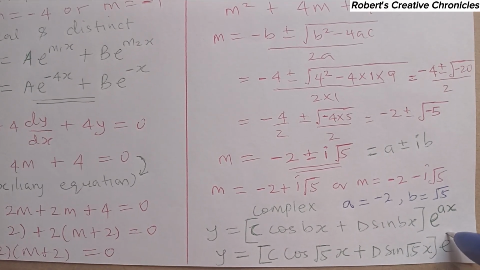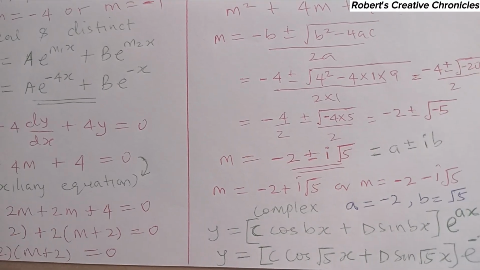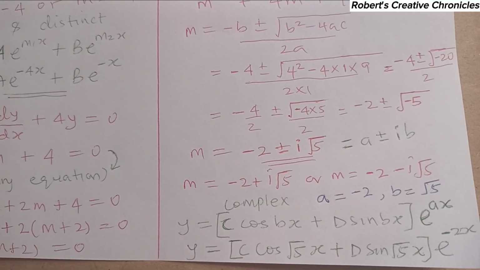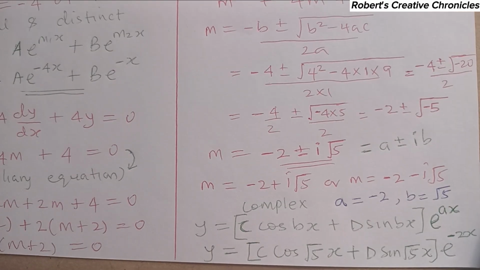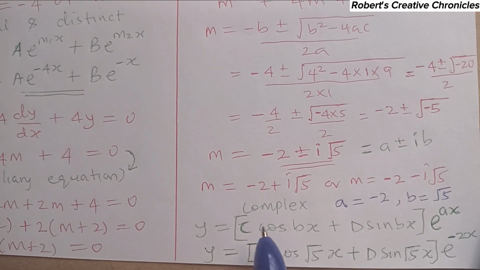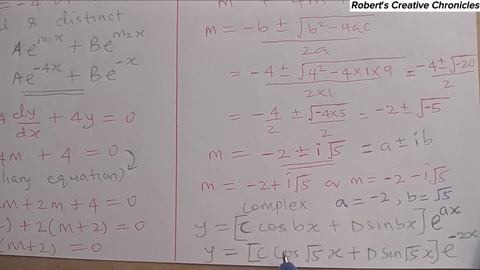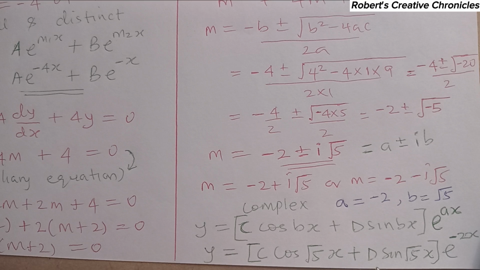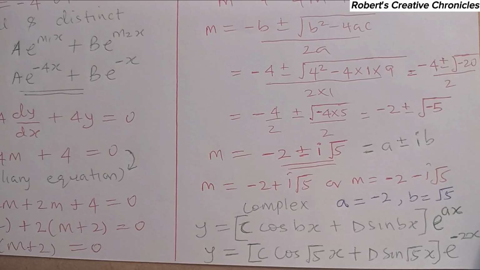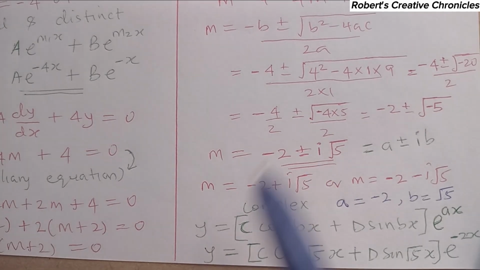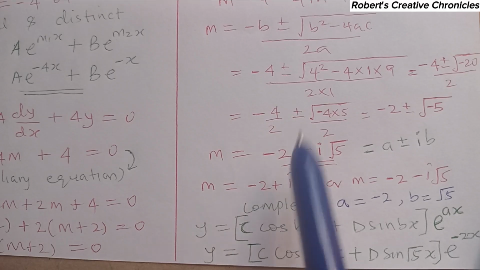Minus 2, minus 2x. So the final answer for the third one is y is equal to open bracket c cos root of 5x plus d sine root of 5x close bracket exponential minus 2x.